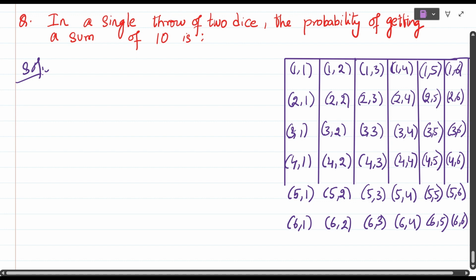Okay, students, these are the chances if we throw 2 dice at a time. Clear? So here they are asking for a sum of 10.